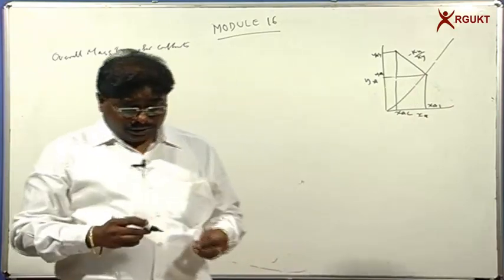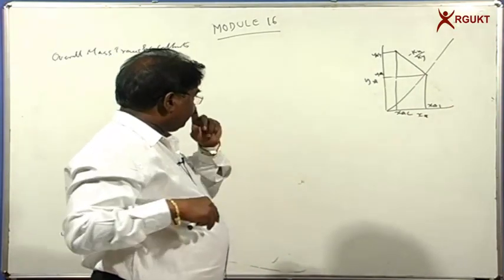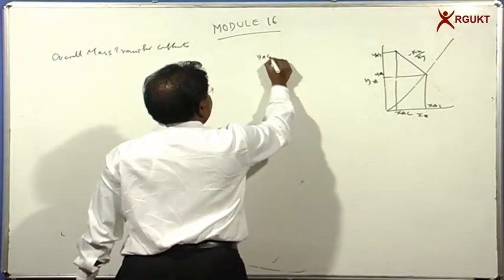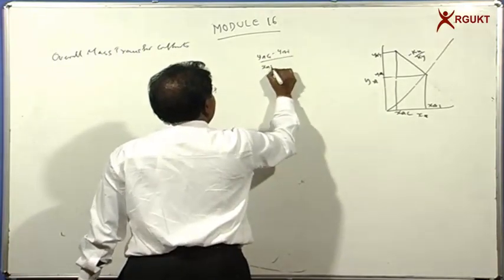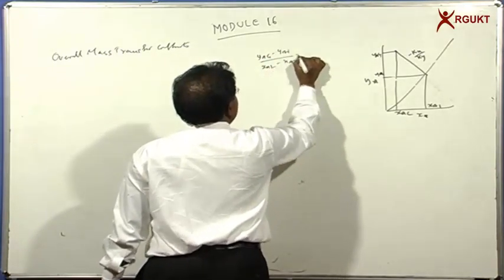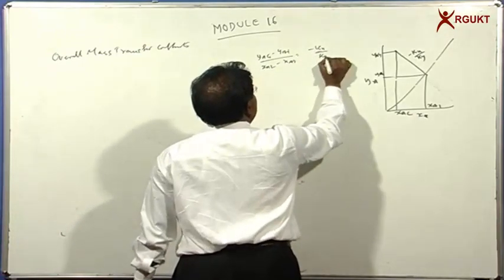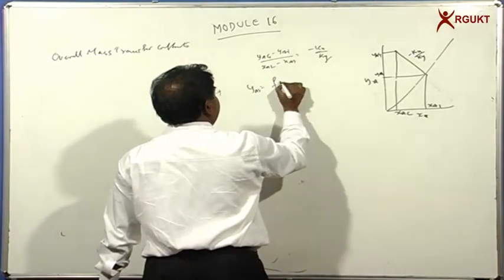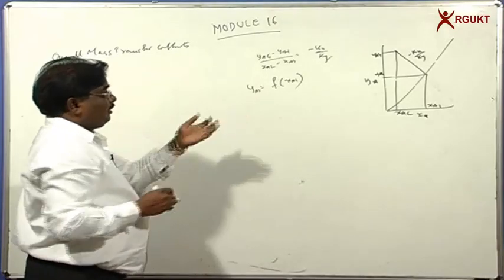But now the question is, one can estimate YAI and XAI using the relationship (YAG minus YAI) divided by (XAL minus XAI) equals minus KX by KY, and writing YI equal to f of XAI.